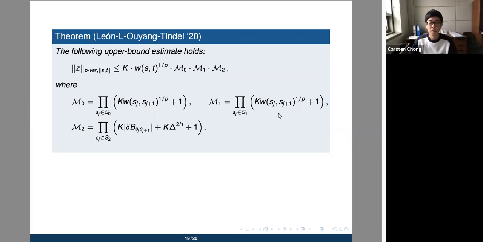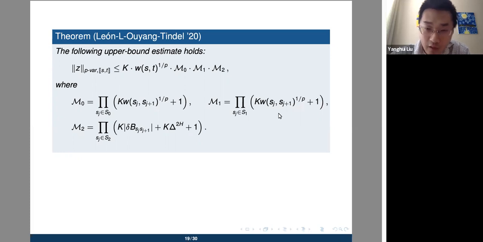If you take this out, it turns out it doesn't harm. The reason it doesn't make more trouble is that M1 turns out to be related to M2. Each time you have a small step, you will follow a big step. So M1 and M2 are related. In the end, we only need to show the integrability for M0 and M2, and M1 will be a consequence of integrability for M2. So even though I get one more term, it doesn't really make more trouble here.